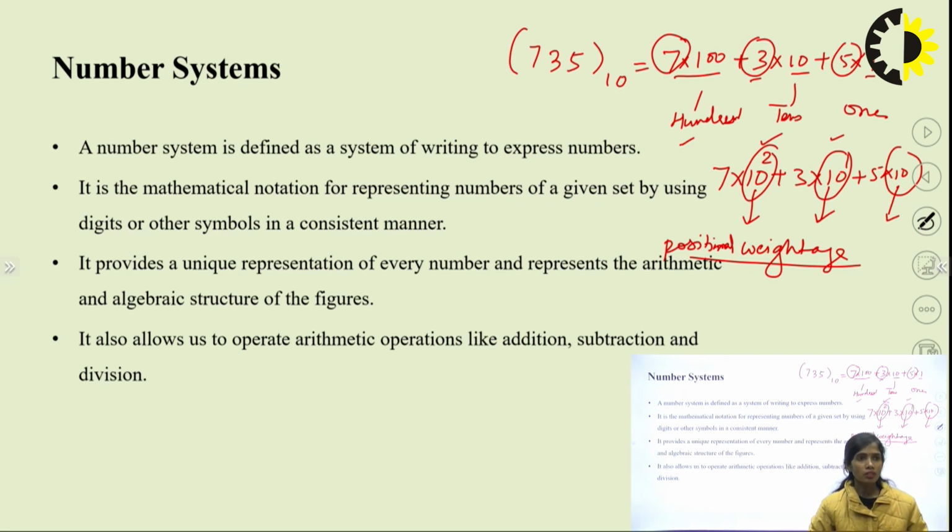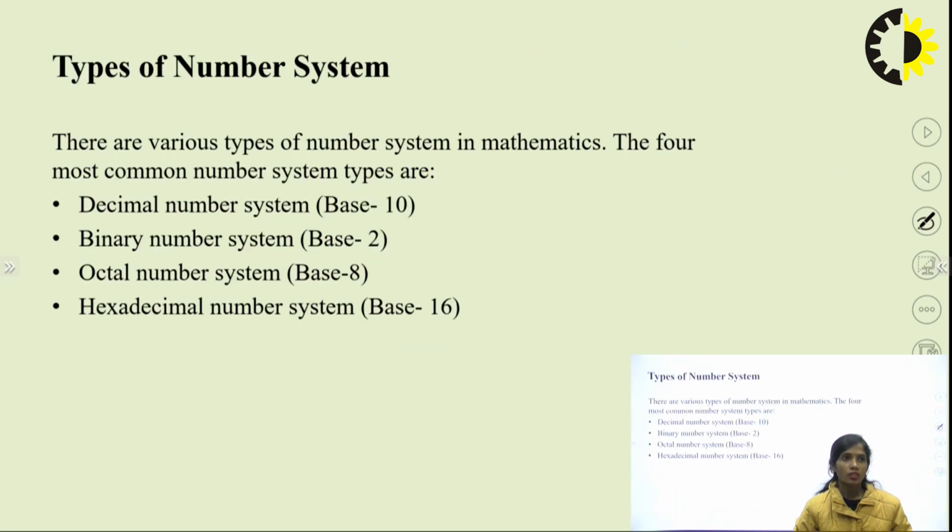In other number systems, we can also perform the same arithmetic operations with some conversion techniques. As I told you, we can perform arithmetic operations in any number system by taking the rule of that number system. Now, what are the different number systems we have?